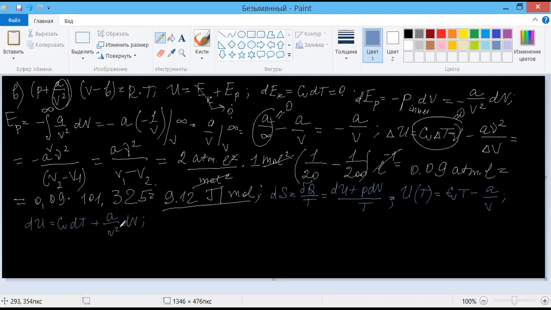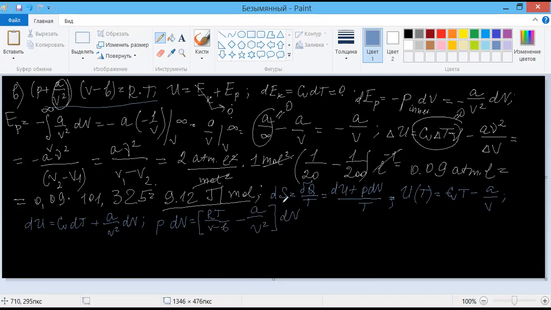Now, from this equation, we can write that P times dV equals RT over V minus b minus A over V squared times dV, right?